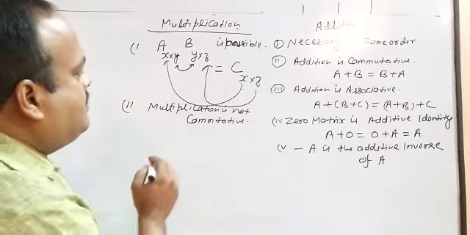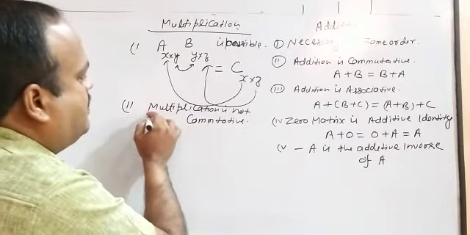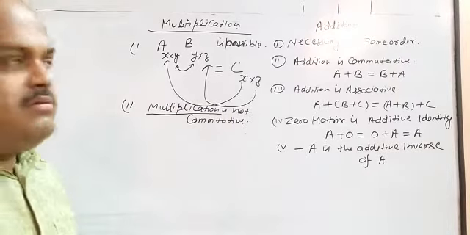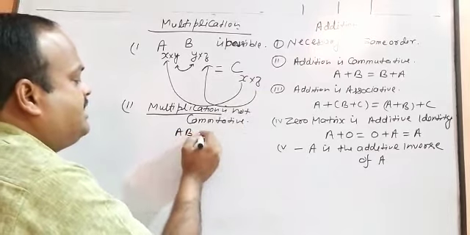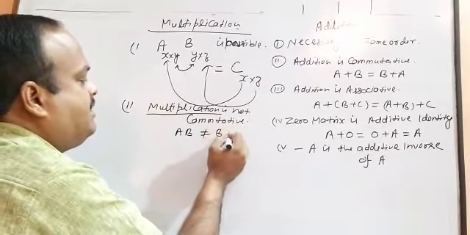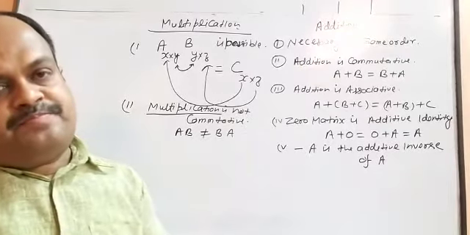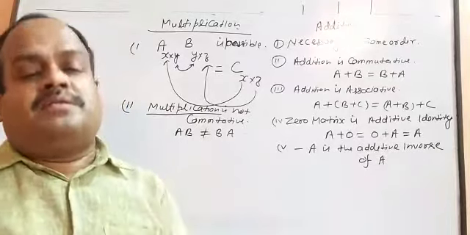Here addition was commutative, but A into B is not the same as B into A. Sometimes AB is possible but BA is not possible.